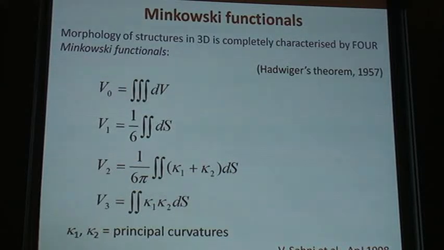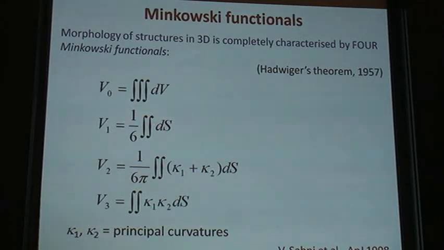There is a theorem which tells that the topology of any arbitrarily complicated surface, which is supposed to be convex, in three-dimensional space, is completely, entirely, exhaustively characterized by 4 numbers, which are known as Minkowski functions. V0 is just the integral within the surface. V1 is related to the surface area of the surface.